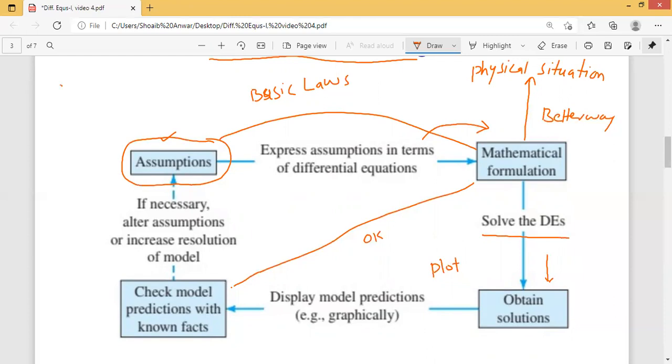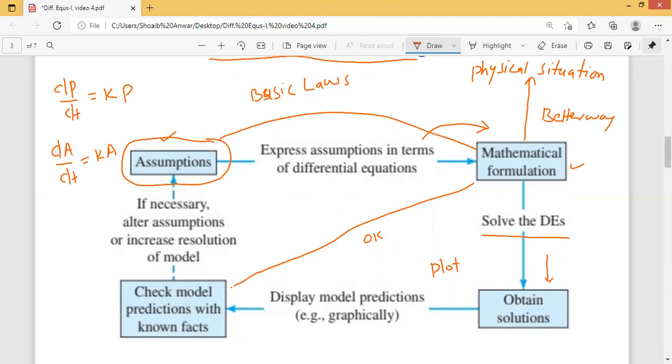That is, dP by dt is equal to kP for the population growth model. We reach this point. After that, for the decay model, dA by dt is equal to kA. Again, we reached this point.